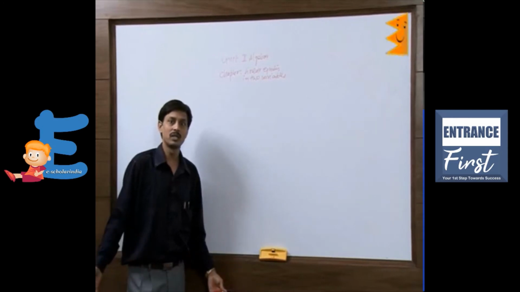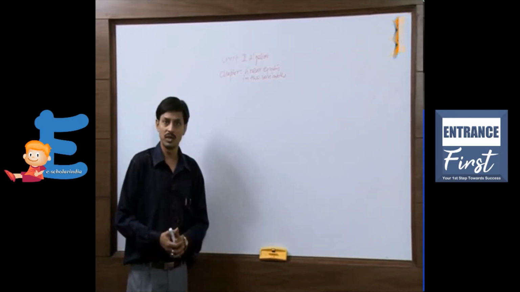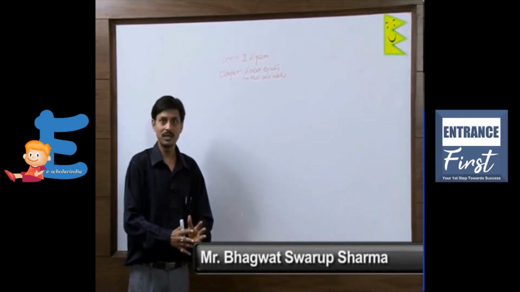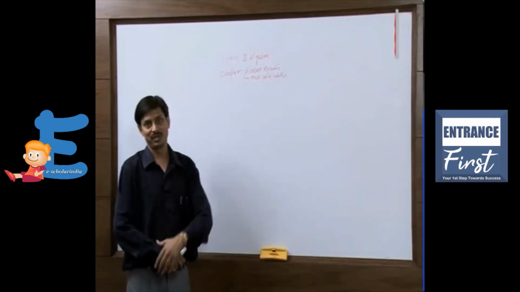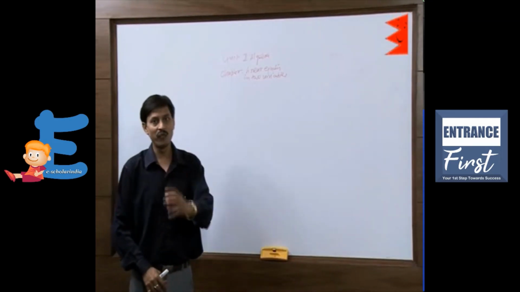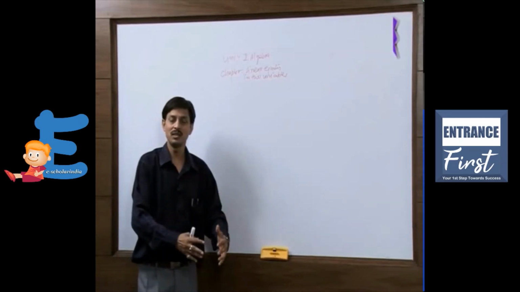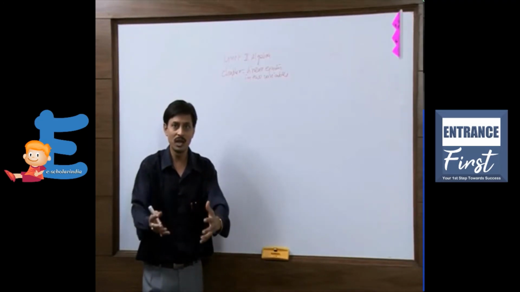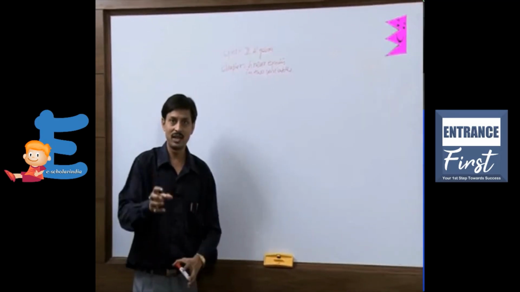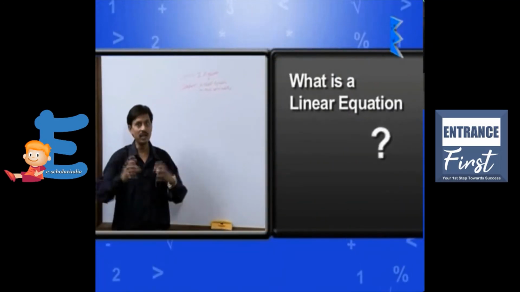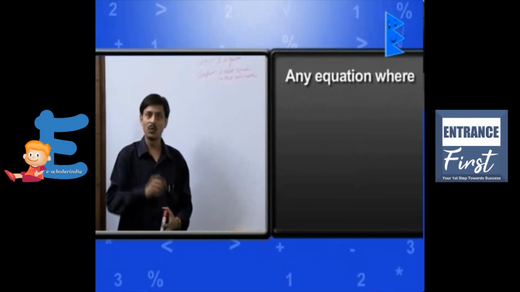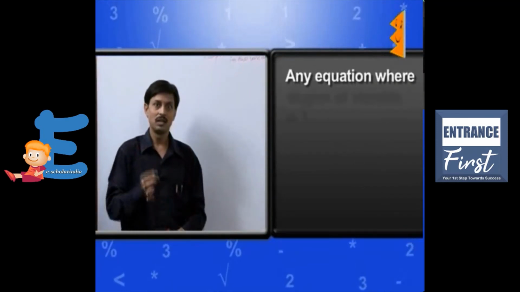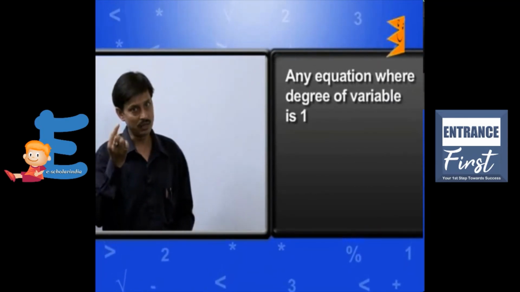Now we have discussed what an equation is. What is a linear equation? As you know, every identity is an equation, but every equation is not an identity. A linear equation is any equation where the degree of the variable is 1.